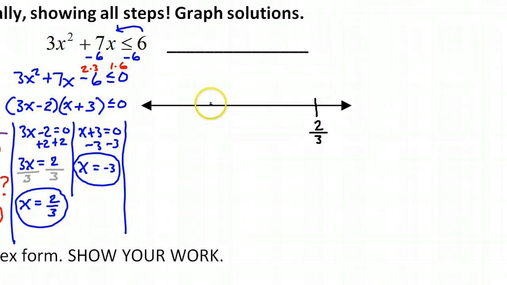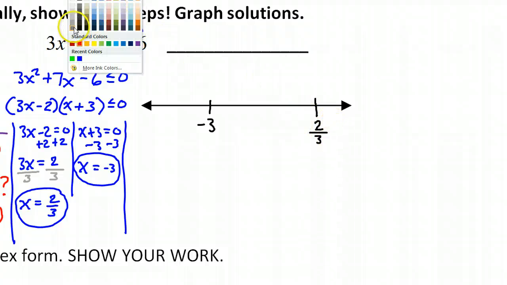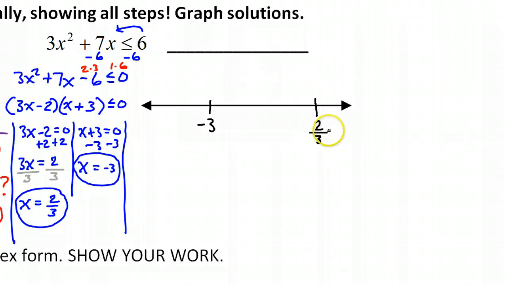I've got negative 3 and 2/3. Obviously 2/3 is less than 1. 2/3 as a decimal is 0.6 repeating. It's less than 1, so keep that in mind. This is the point at which we need to make our test values.